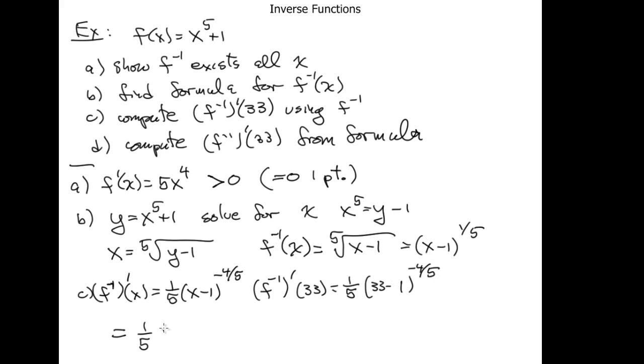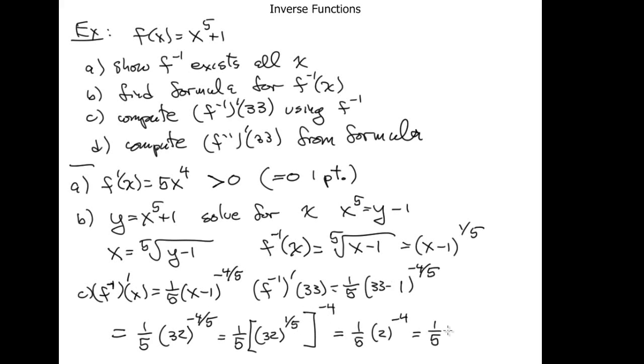Okay, and what is 32 to the minus 4/5? Let's see, that's 32 to the 1/5 to the minus 4th, just like a couple slides ago. The fifth root of 32 is 2, and 2 to the 4th is 16, and 2 to the minus 4th is 1 over 16, and so this number is 1 over 80.